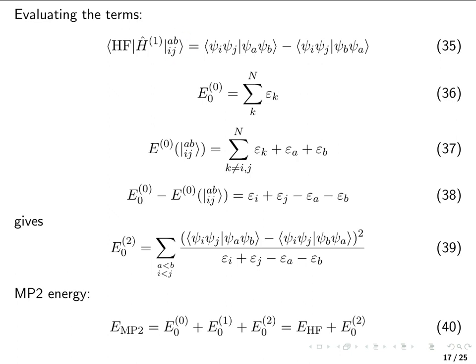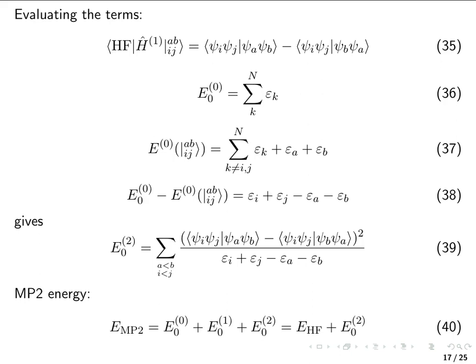Well, since it is a double excited determinant, that's the occupied orbitals k again, but not i and j, because i and j were replaced by a and b, so it's this sum without i and j, and in addition we get epsilon a and b. Now if you take the difference between these sums of orbital energies, obviously here we are missing i and j, and there we're missing a and b, so we just get the difference between those four orbital energies, the two occupied minus the two virtual ones.